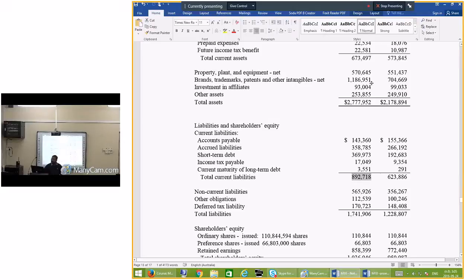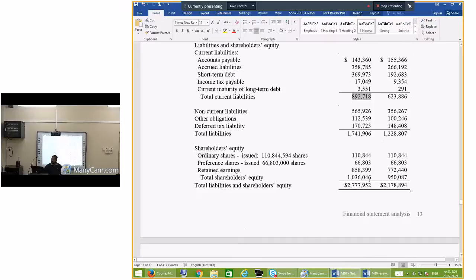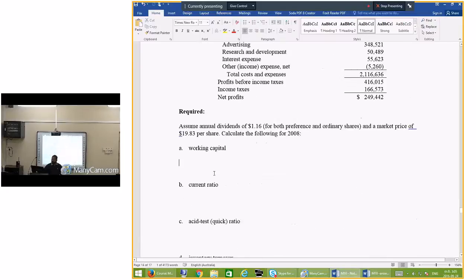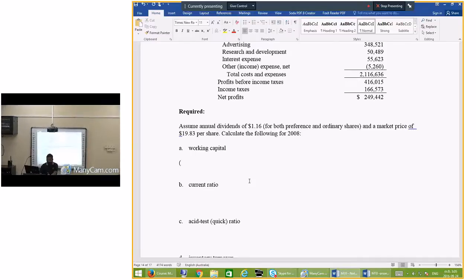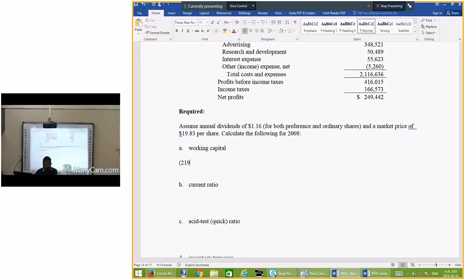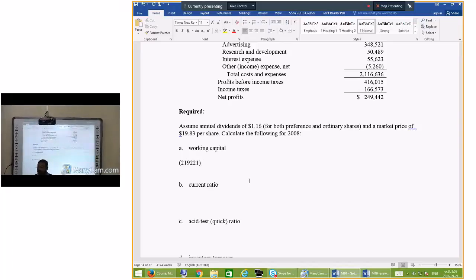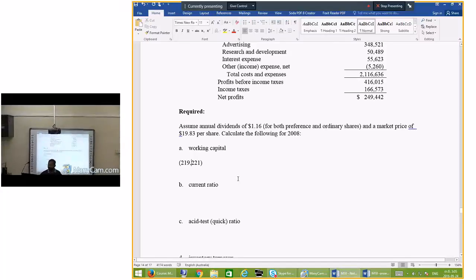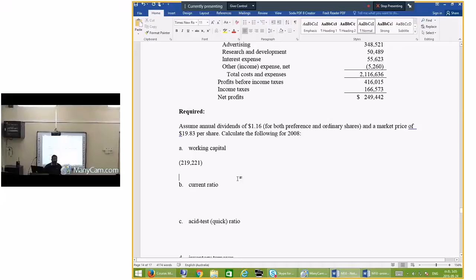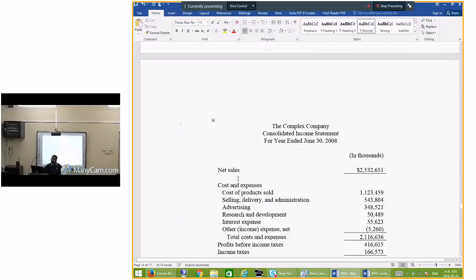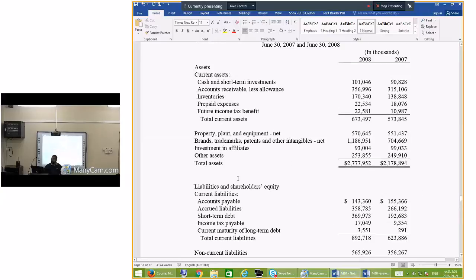Therefore, this minus this, working capital should be a negative figure, 219,221. Negative working capital. No need to take anything else, the total is already given, therefore total current assets minus total current liabilities.